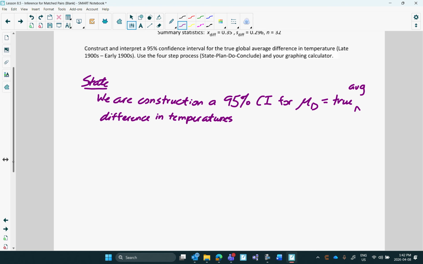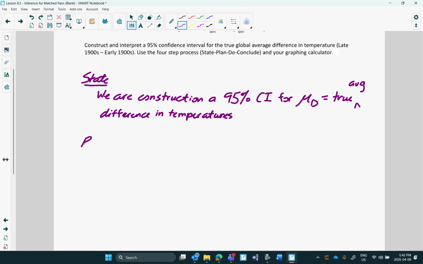The plan, well, it would actually be, like, I know when you see difference between two things, okay, but we're treating the difference as what we're looking at, right? Whereas when we did a difference between two means, we did like mu1 minus mu2.